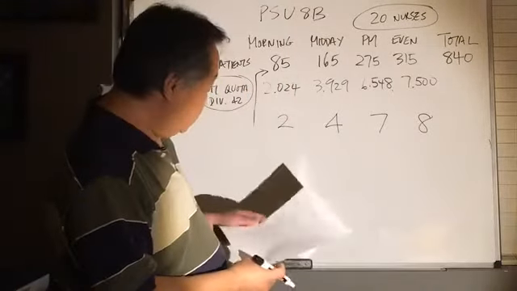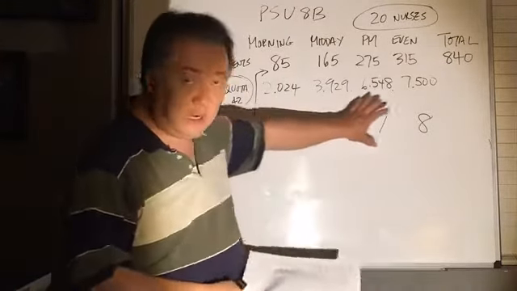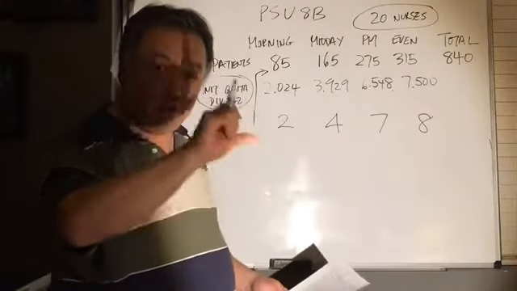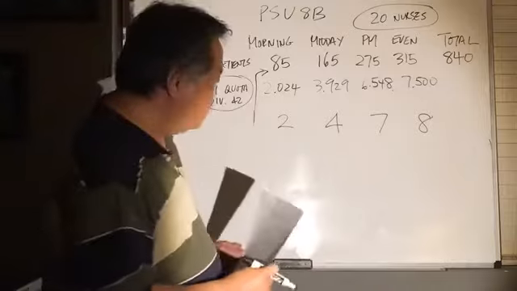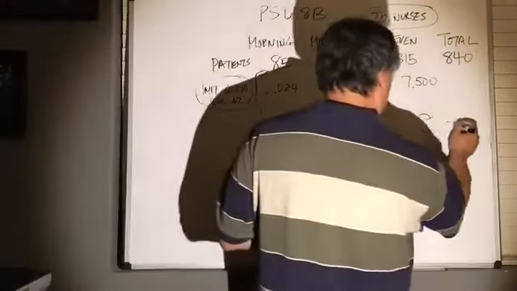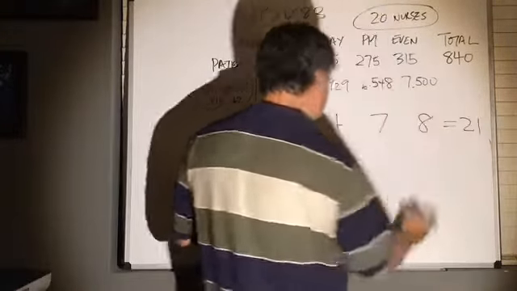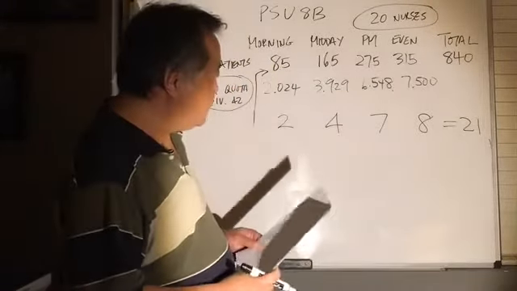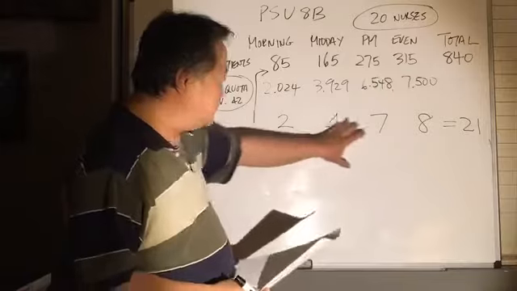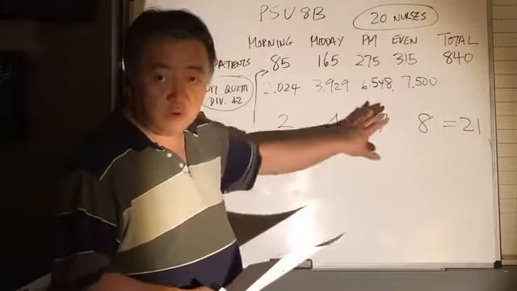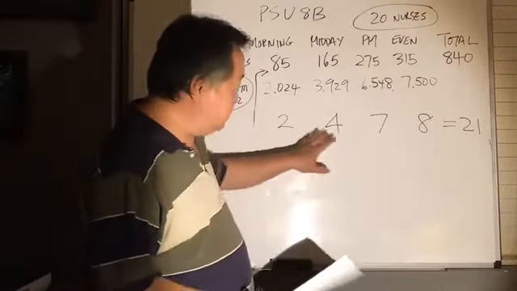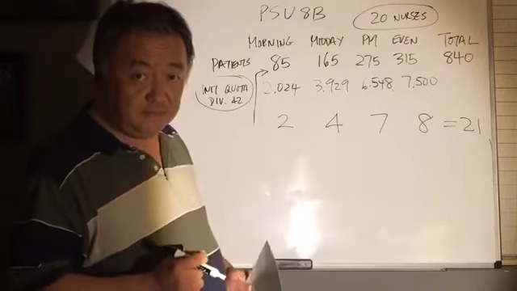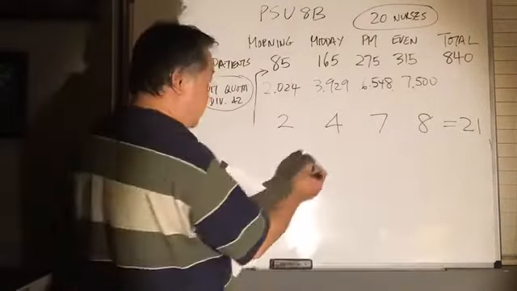So this is the common sense rounding. 5 or higher, round up. 4 or lower, round down. So here we're going to get 21. So we got 1 too many, which means that we've got to drop these numbers down, and to drop these numbers, we're going to increase the divisor.